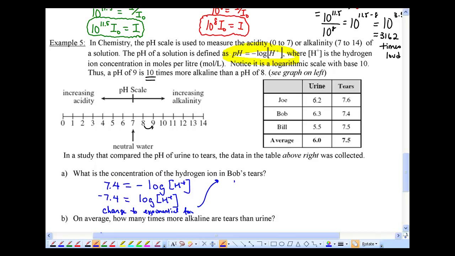And to do that, you get 10 to the power of negative 7.4. And that must be your concentration of H plus ions. That's it.